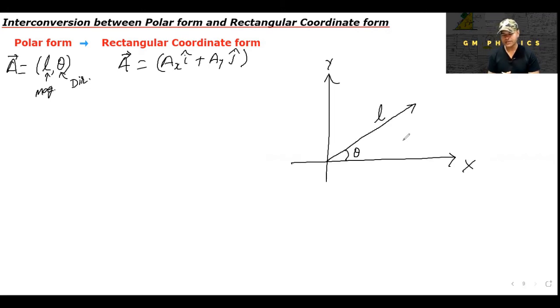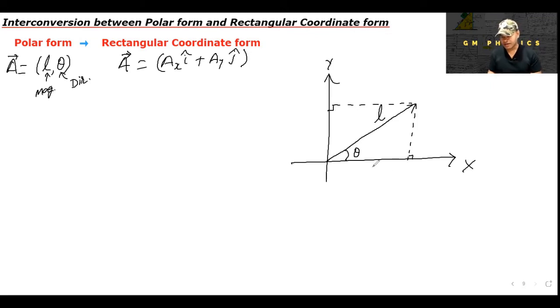What is given in the polar form representation, that is what I have shown in this rectangular coordinate system. So what we have to do is take the components of this vector. We simply resolve it and then we will obtain the rectangular coordinate form. Draw a perpendicular from the head of the arrow on the x-axis and drop a perpendicular from the head of the arrow on the y-axis.